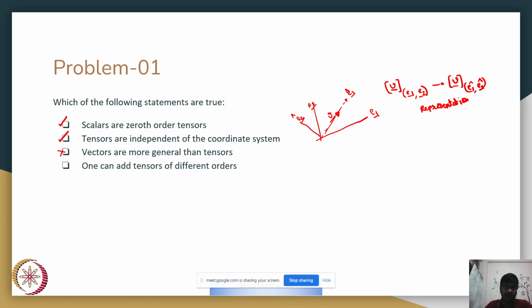No. Again, this is false because, as an example, you can have a scalar, which is zeroth order, plus a vector, which will have three components v1, v2, v3. You cannot add these. So the first two are true, the next two are false.